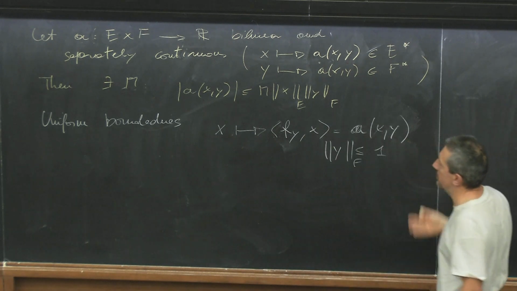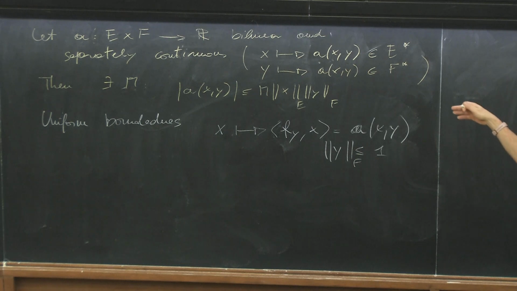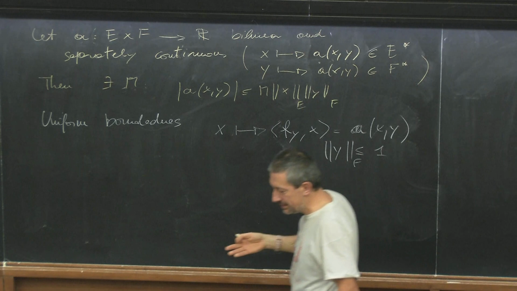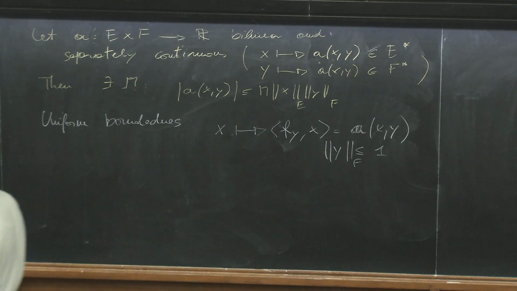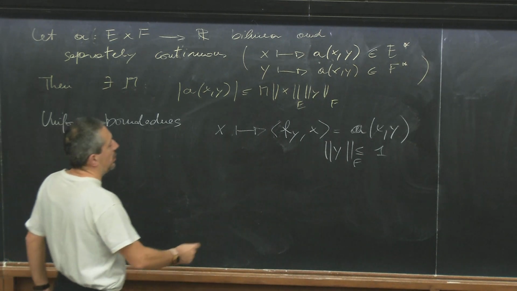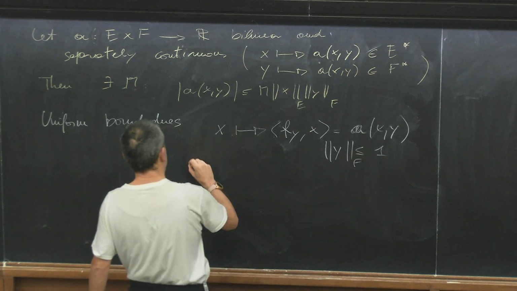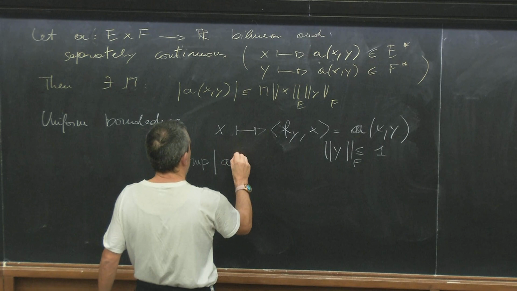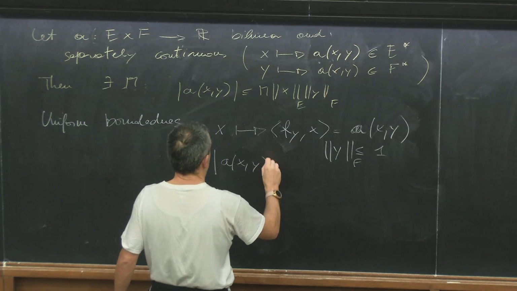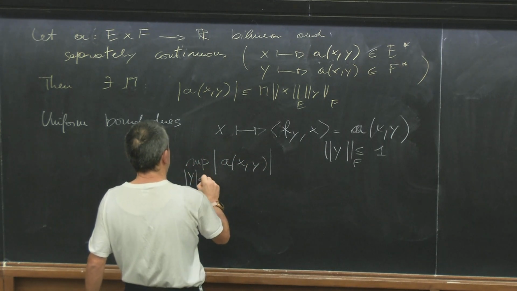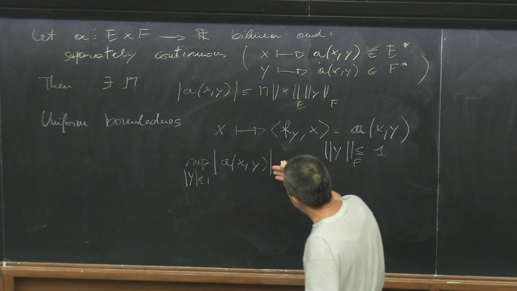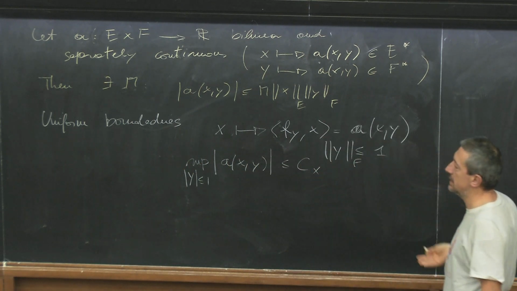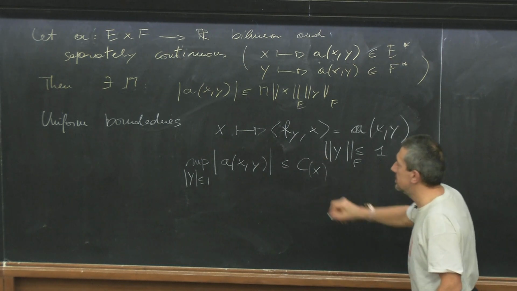So you have a sequence of parameters, and because of the continuity of the second one, this is pointwise bounded for any x. Because we know that for all x, the supremum of the modulus of A(x, y) for y less or equal than 1, being uniformly bounded, is less or equal than a constant which depends on x, as before.